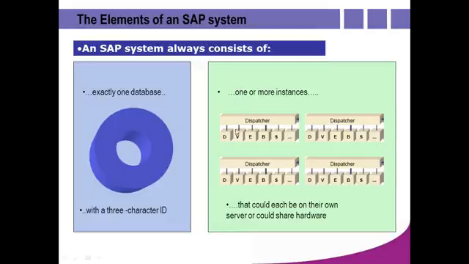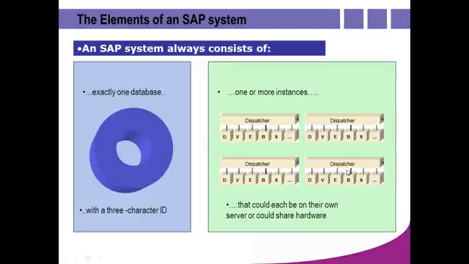To handle the excess load of one instance, for example, one instance cannot handle all the load. Multiple requests are coming. Assume that this dispatcher and these work processes, this instance, can handle 100 requests. Of course it may handle 100, but if 200 come, the system will become slow. So we need one more instance to handle the excess load.